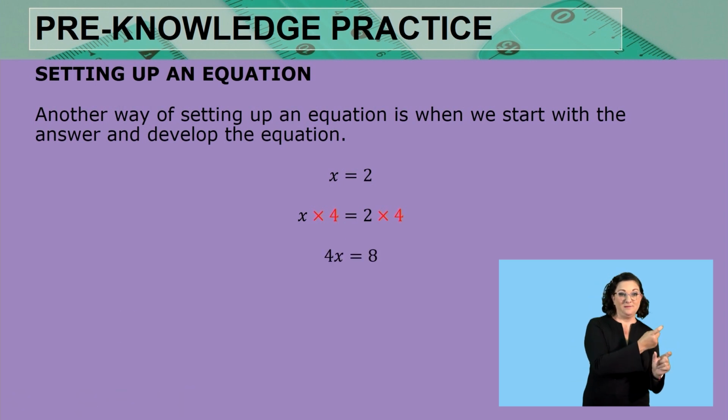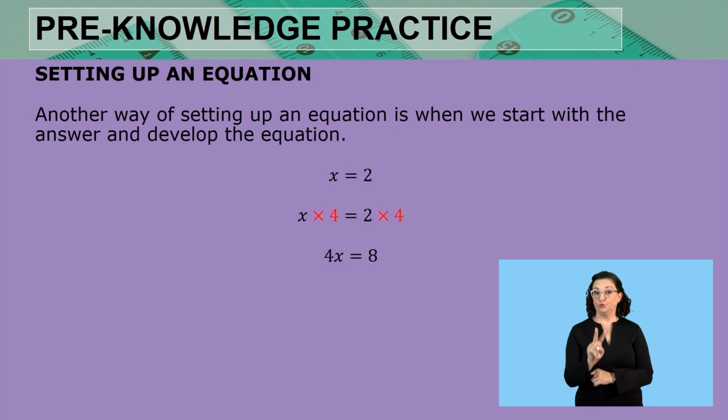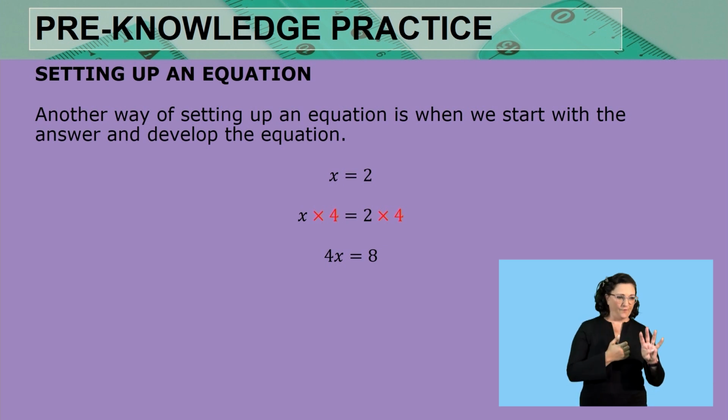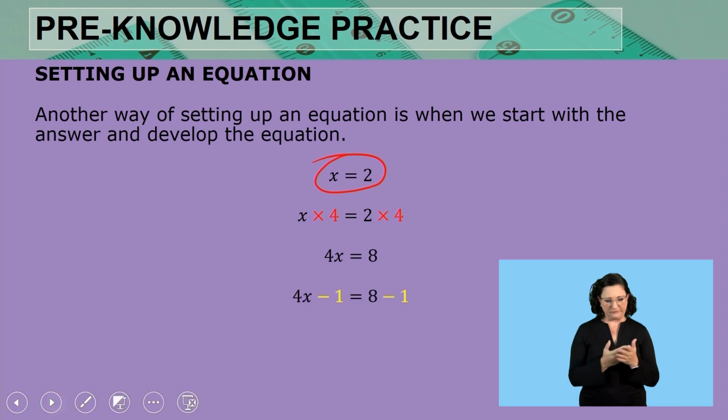Now x multiplied by 4 gives me 4x, and 2 multiplied by 4 gives me 8. So now I have 4 multiplied by a number is equal to 8. And of course we know that that number is 2 because that's the answer that we started with. But we need to see how an equation is developed.